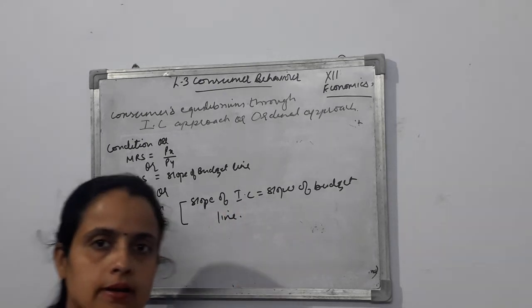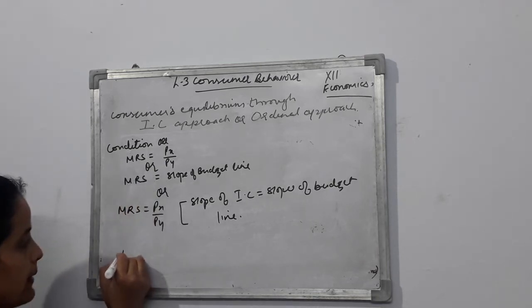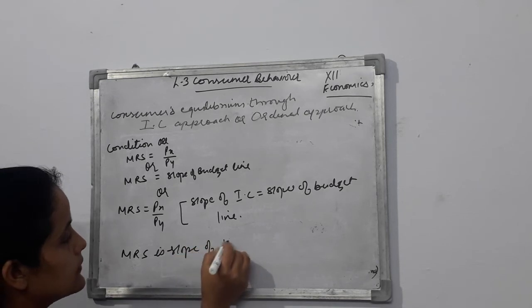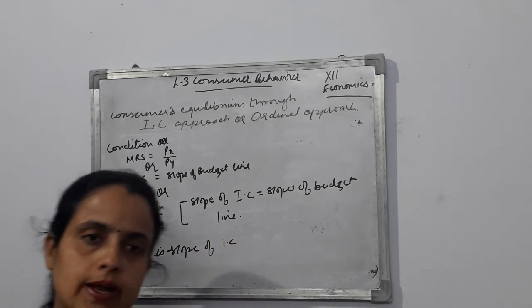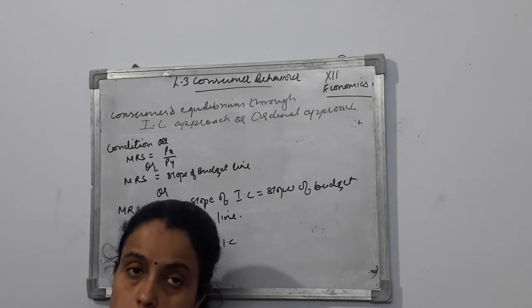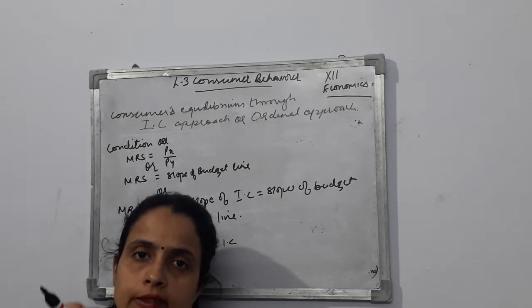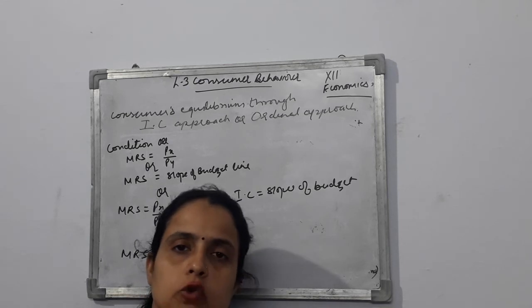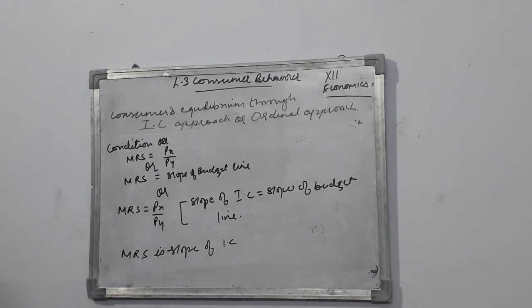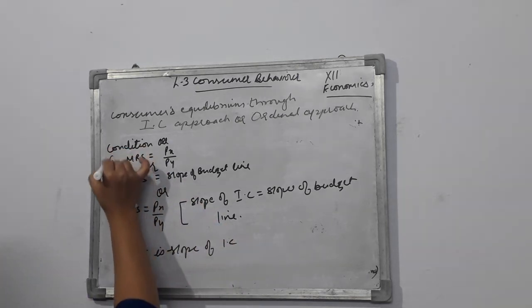Now you remember what is MRS? MRS is the slope of indifference curve. अगर आपको याद होगा मैंने आपको MRS पढ़ाया था. Now where the slope of indifference curve gets equal to the slope of budget line, that is your point of equilibrium. Right? So this is your first condition.